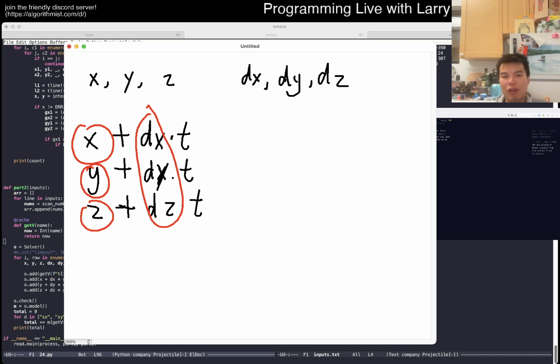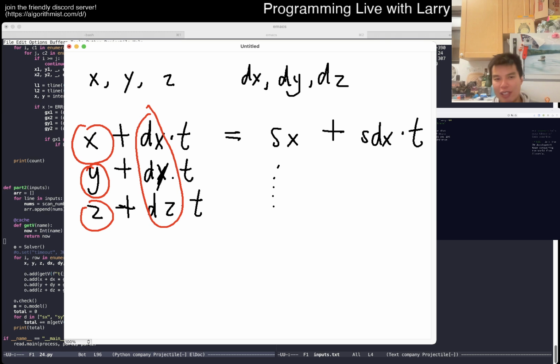When we throw a rock, that just means that this set of equations is equal to our initial x. So let's say sx for initial x plus our initial velocity times the same t. And then you also do the same for y and z.